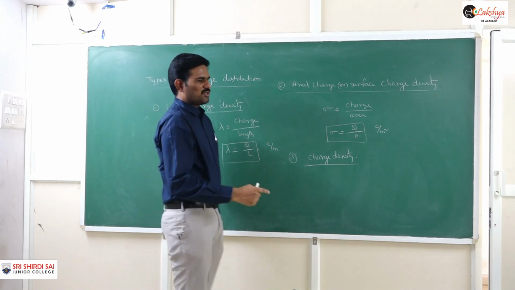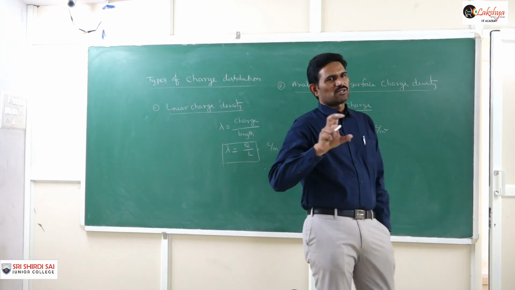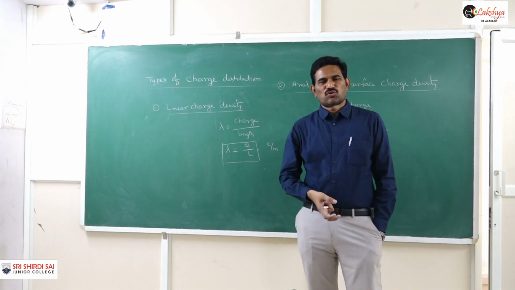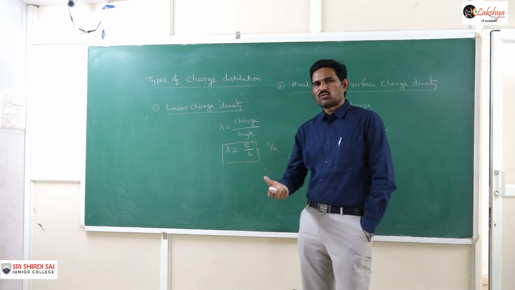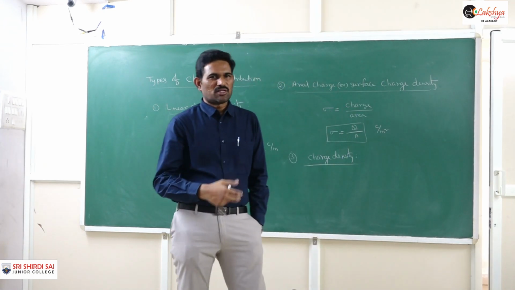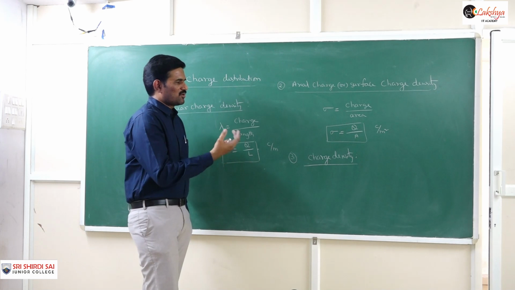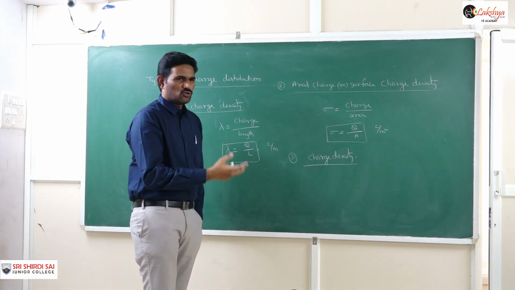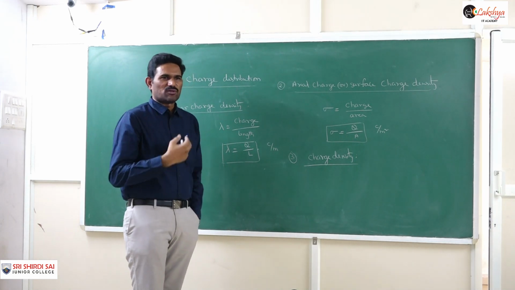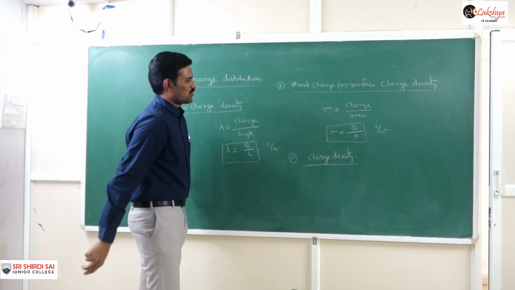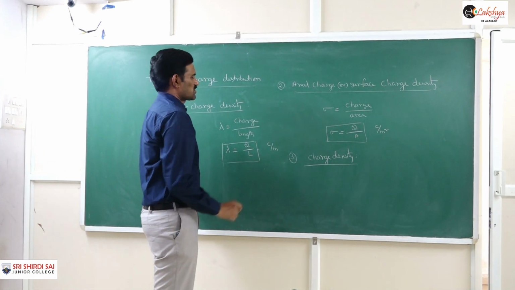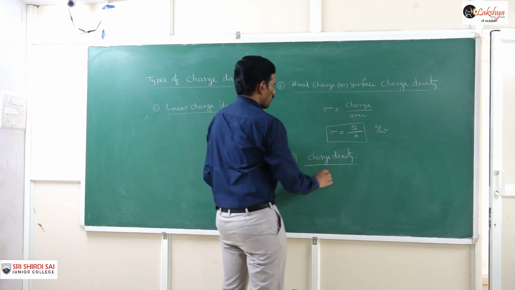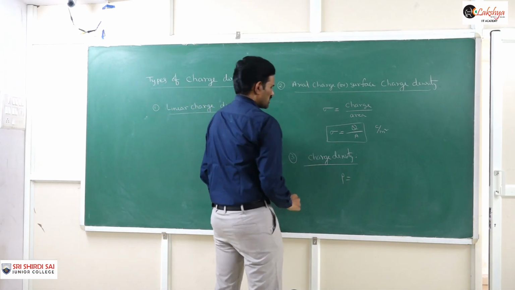If the charge is distributed on a 3-dimensional object, like a solid sphere or a cube, throughout the volume of these materials, then we call it a three-dimensional charge distribution, which is nothing but volume charge distribution. Correspondingly we define the volume charge density, which is represented with rho.